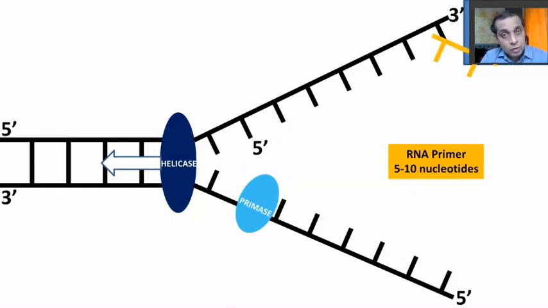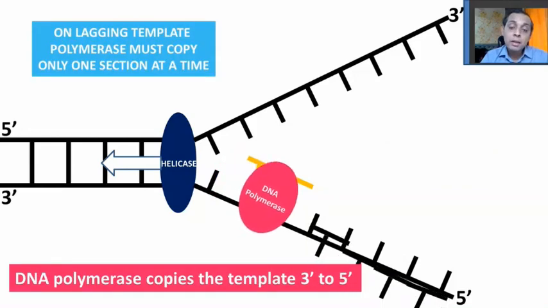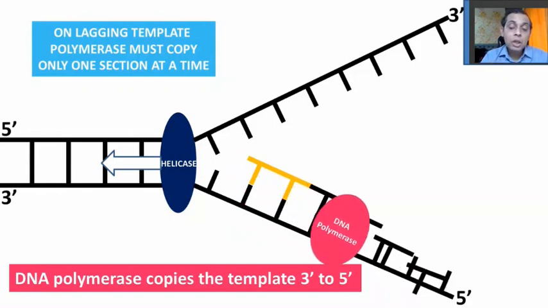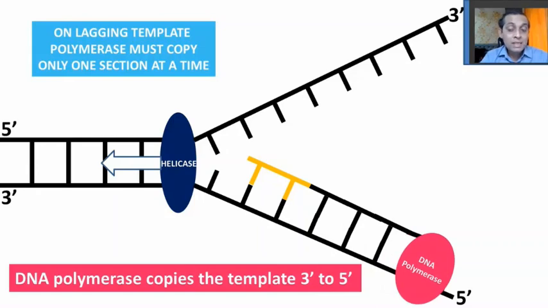The RNA primer will come as usual. The DNA polymerase will make the new strand as expected, but the direction is opposite to the leading strand. Once that is ready, this is not going to be continuous. This strand is going to be very short.